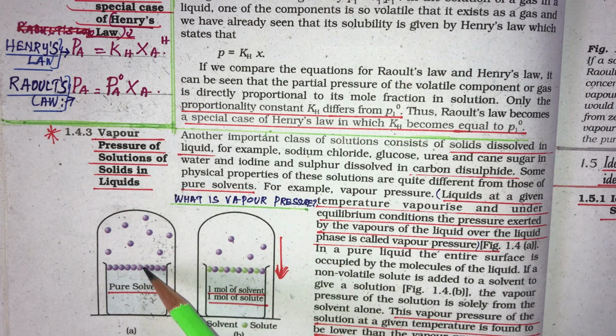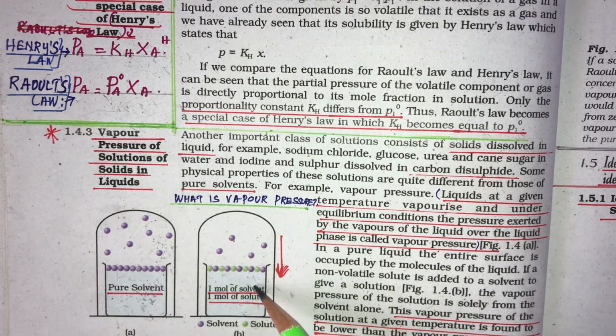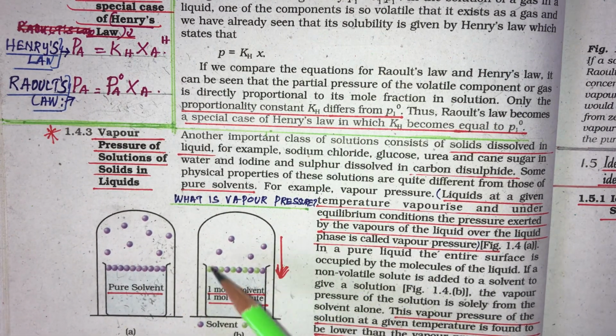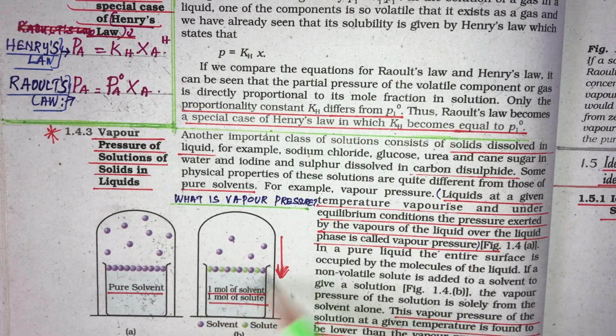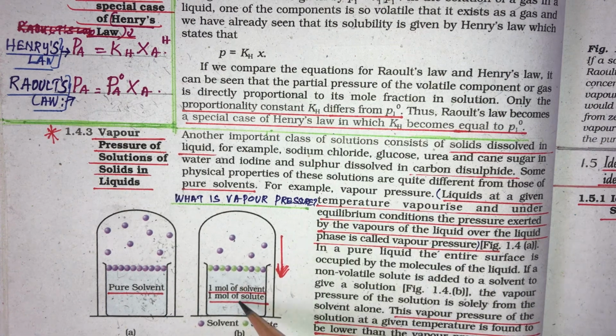Now we are adding solute to the solvent, which makes it a solution. On the surface, both solute and solvent molecules are present. Because of the attractive force between the solute and solvent molecules, the possibility of molecules escaping over the surface is less in the case of a solution.